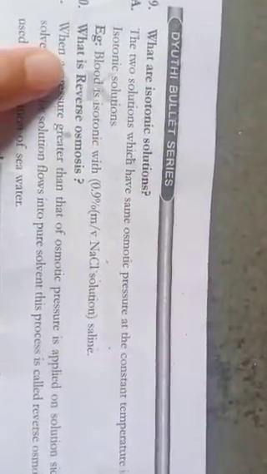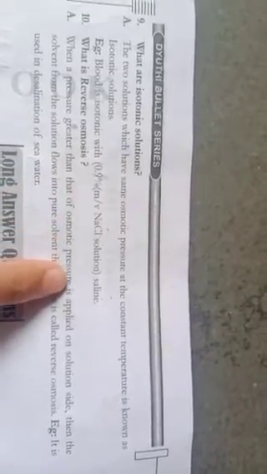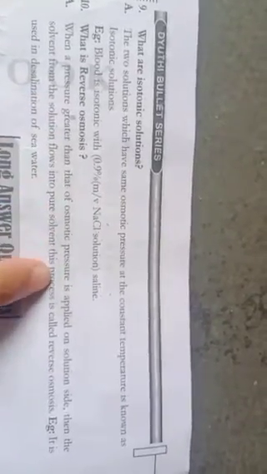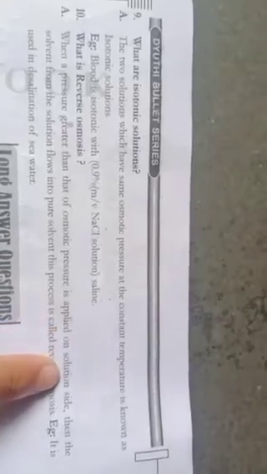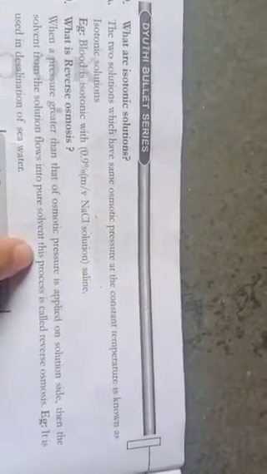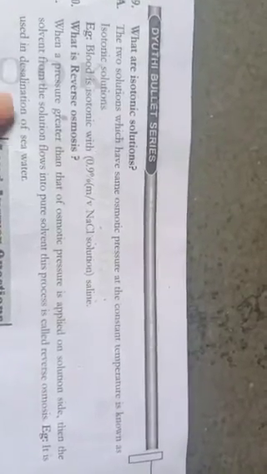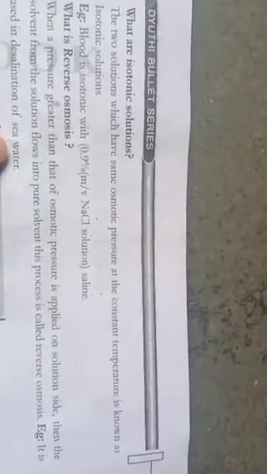Next, what is reverse osmosis? When a pressure greater than the osmotic pressure is applied on the solution side, then solvent from the solution flows into the pure solvent. This process is called reverse osmosis. Example: it is used for desalination of seawater.